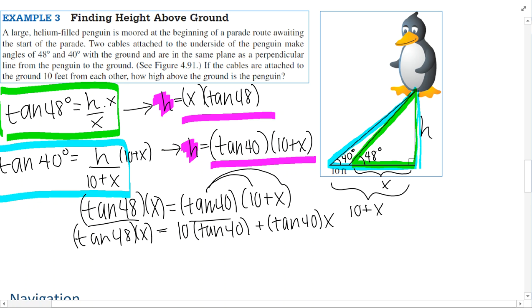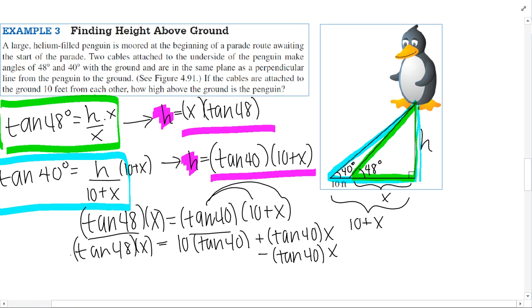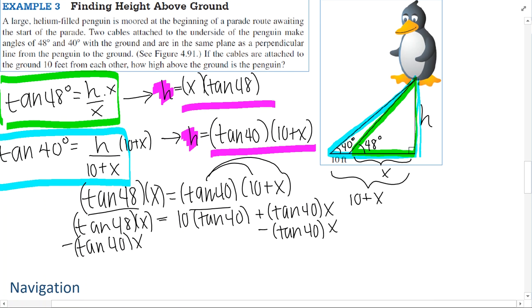Okay, I need to get my x's onto the same side, so I'm going to subtract the tangent of 40 times x from both sides. Okay, now that's gone. Now, it would be so lovely if I could subtract 48 and 40 and get the tangent of 8 of x. And that does not how it works, unfortunately.